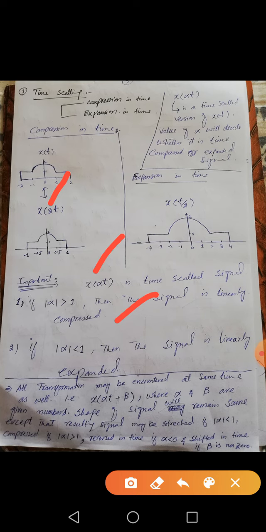And if the magnitude of alpha is less than 1, then the signal is linearly expanded, like the case over here. Here the alpha value is less than 1, that is 0.5, so the resultant signal is expanded.